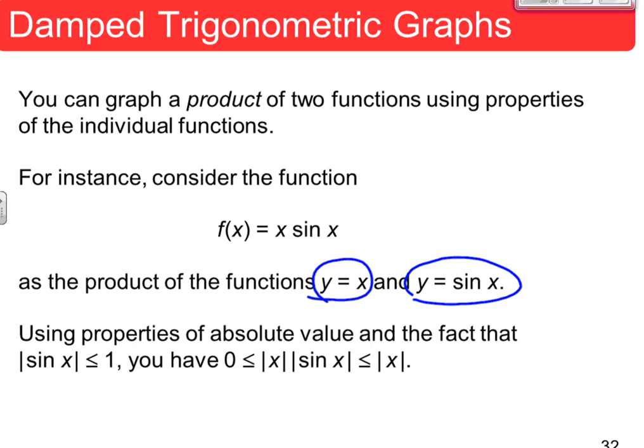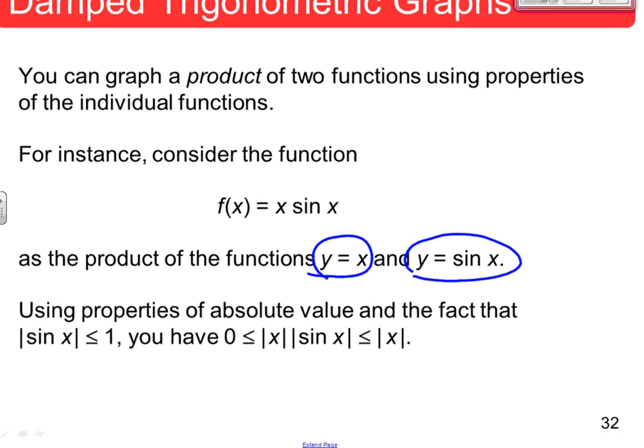And remember that the sine of x oscillates between -1 and +1, correct? So that's why they're saying down there a little bit that the absolute value of the sine of x is less than or equal to 1. Does that make sense to you?